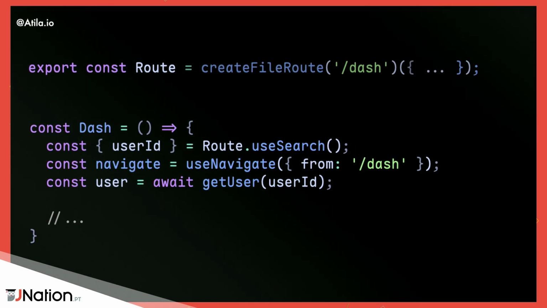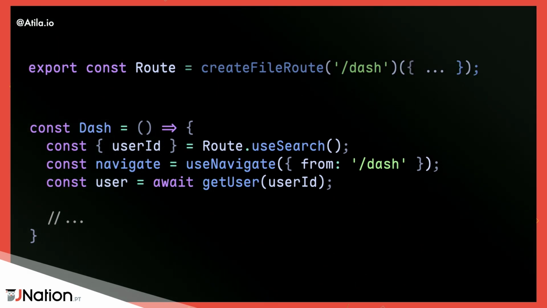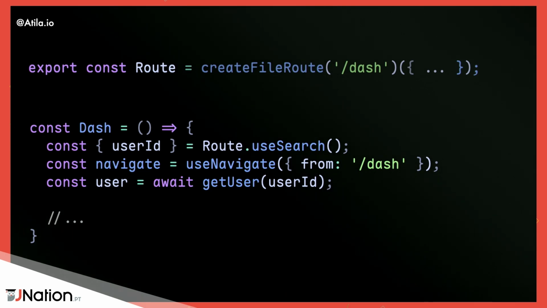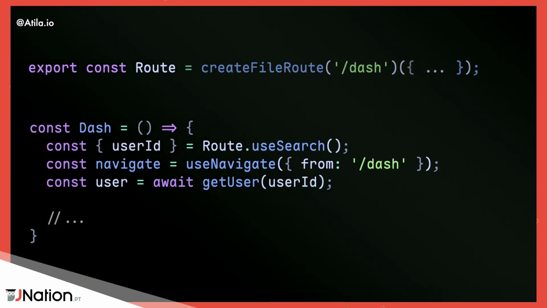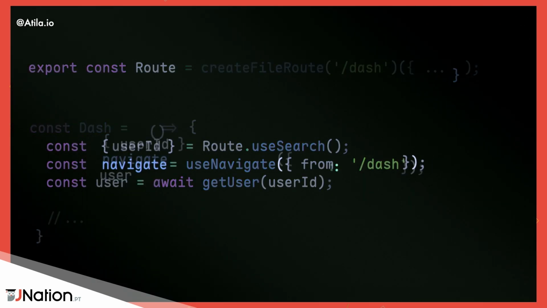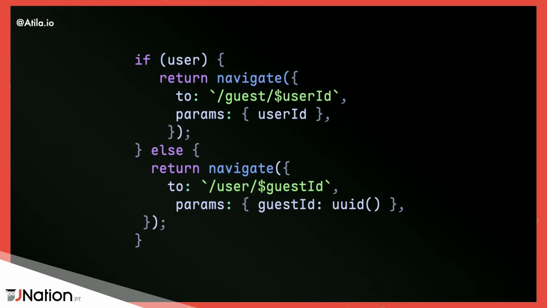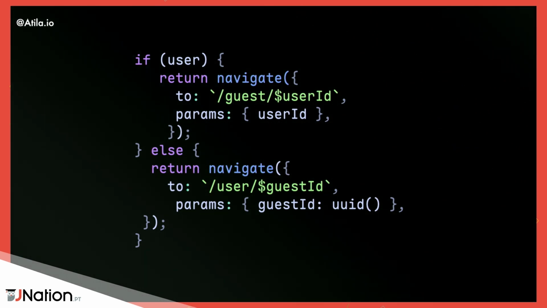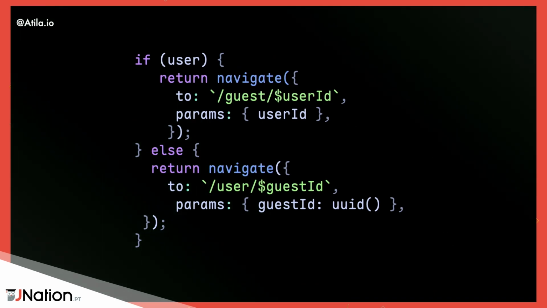And because the router is all type safe, you can create then this navigate hook, and you can pass the route it's coming from whenever the route is coming to, so it already knows all the data that's already in place when you're redirecting your user. So then you can have logic like this, for example. So if I don't have a user, I navigate them to a guest pay experience. If I have the user, I navigate them to a profile page.